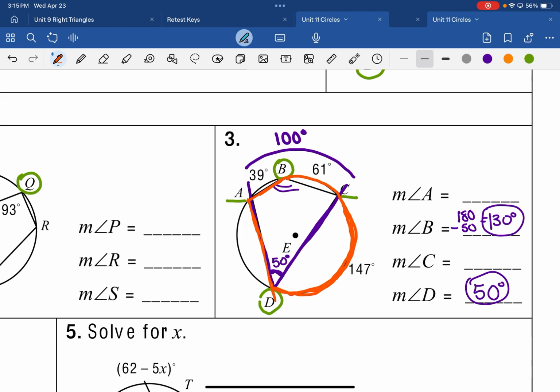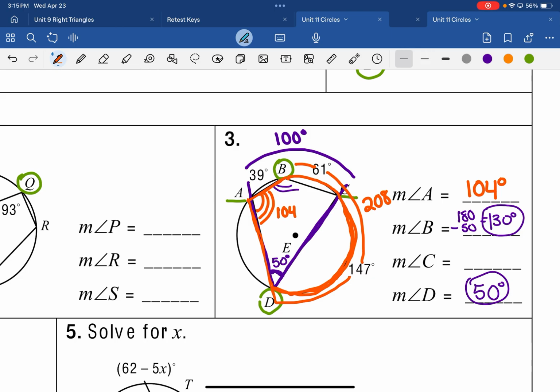So it's 61 plus 147, which is 208. This is the arc that I'm going to use. Half of 208 is going to get me A right here, which is 104. So A is 104.